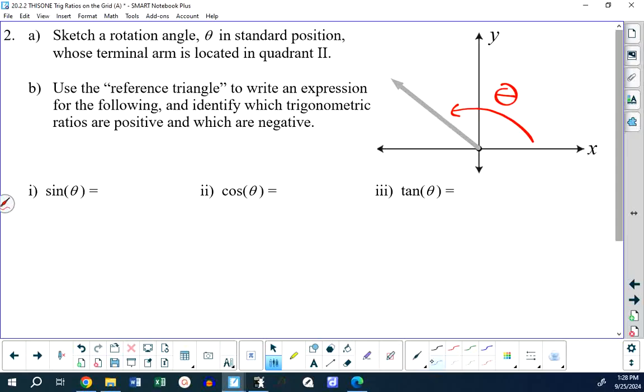So what we are going to do is add to this diagram a point, and a reference triangle is formed by dropping, in this case, from the point to the x-axis and creating a right triangle. This will be your reference triangle, where this is your reference angle.